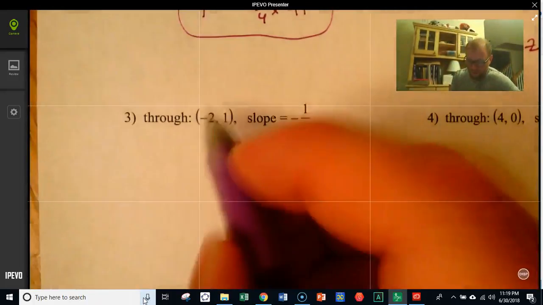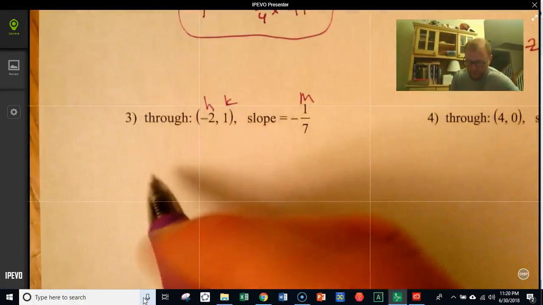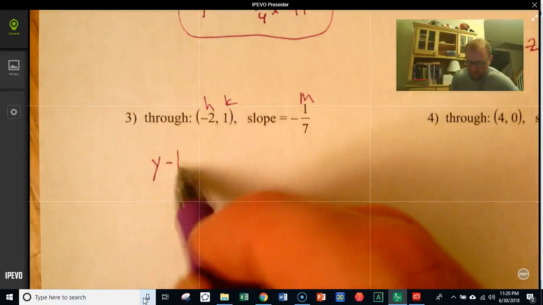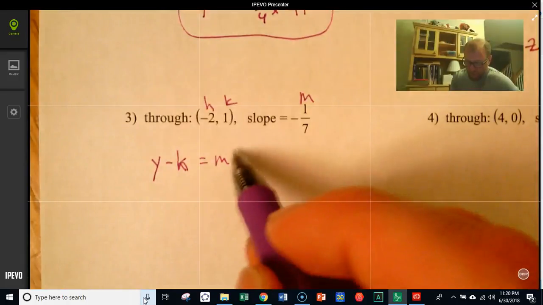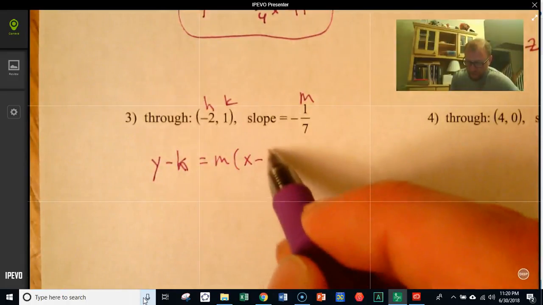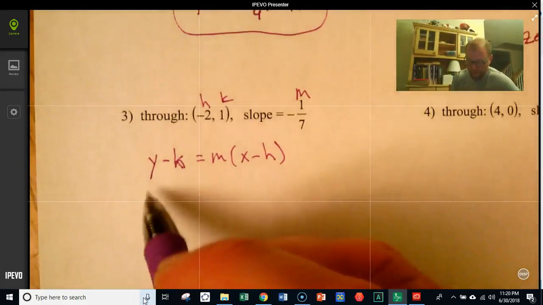So let's see here. We've got our h, we've got our k, we've got our m. So we're going to say y minus k equals m times (x minus h). So let's go ahead and fill in the blanks here.